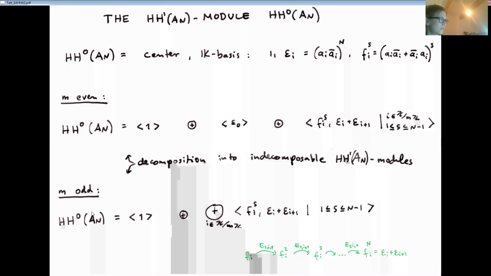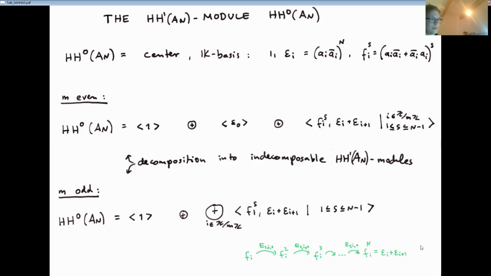So for M odd, we have the direct sum of M indecomposable summands that are quite nice to describe.